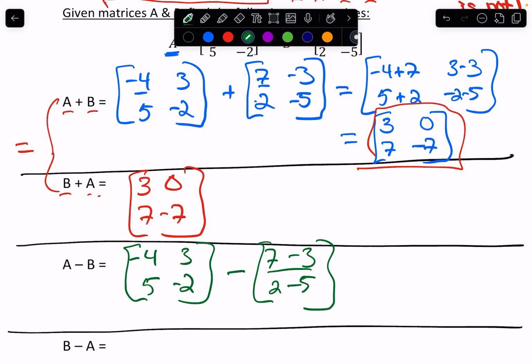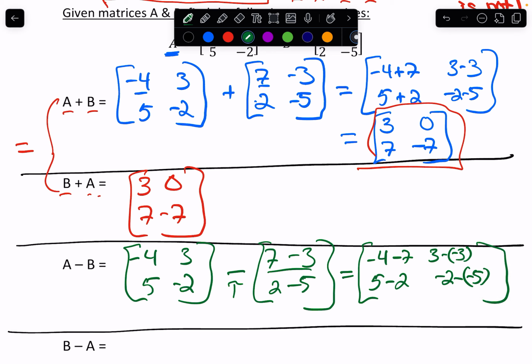Now, we need to remember that we have this subtraction right here. So we subtract the corresponding elements: negative 4 minus 7, 3 minus negative 3, 5 minus 2, negative 2 minus negative 5. So there's our matrix. And now we do the calculations: negative 11, 6, 3, and 3. And that is our matrix.